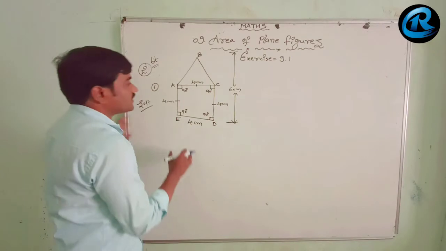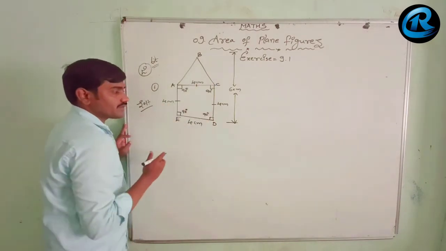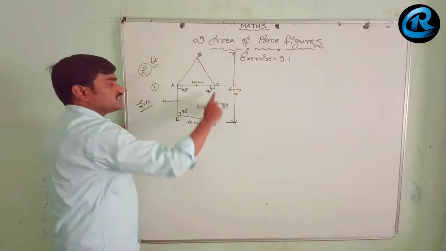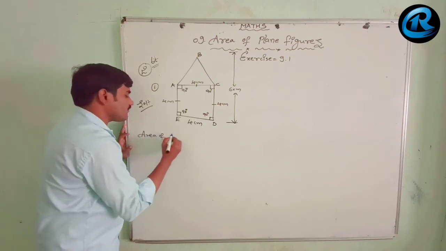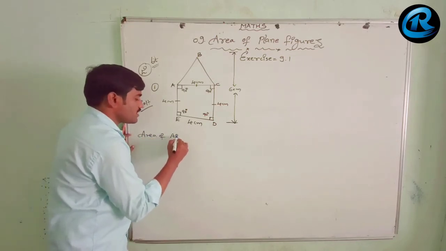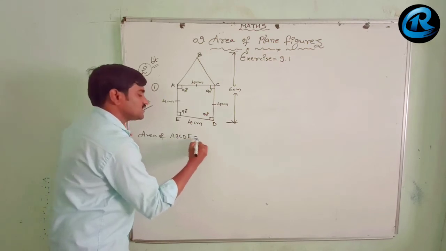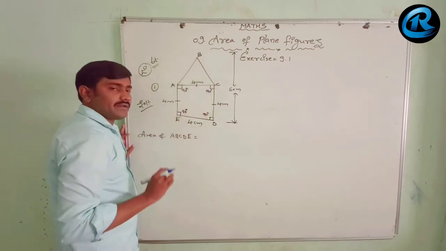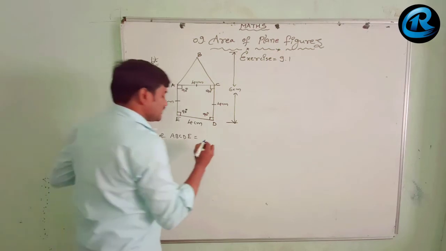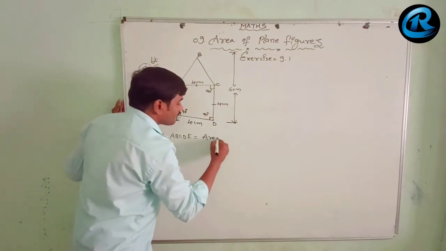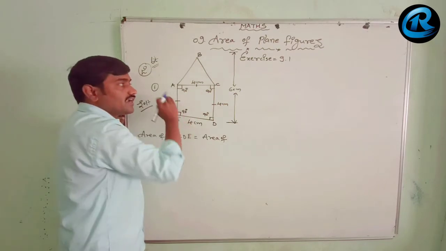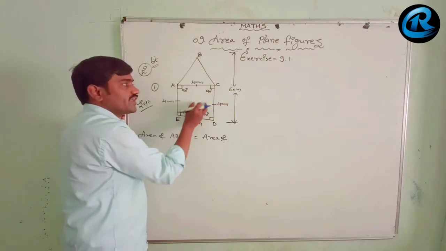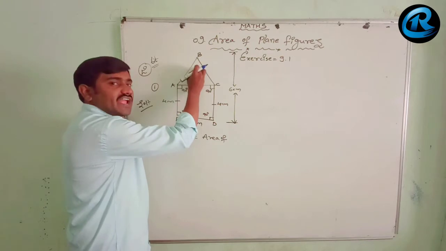Now let us find the area of this figure ABCDE. If you need the complete area, what do we need? We don't know the formula for this complete figure, no? Let us divide it into known shapes. We know the area of square formula, and we know the area of triangle formula.